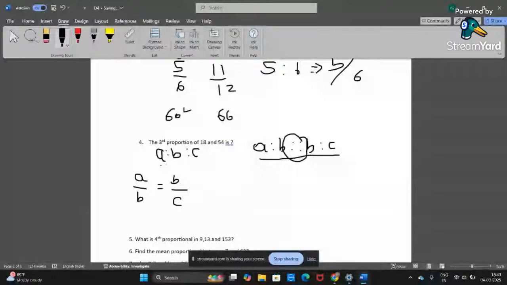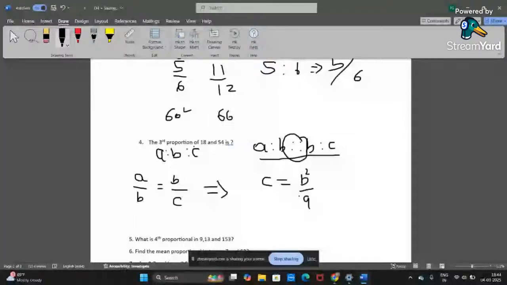Here we need to find C, right? So what you have to do? C equals B square by A. This we can modify into this equation, right? So substitute the value to find the third proportion.